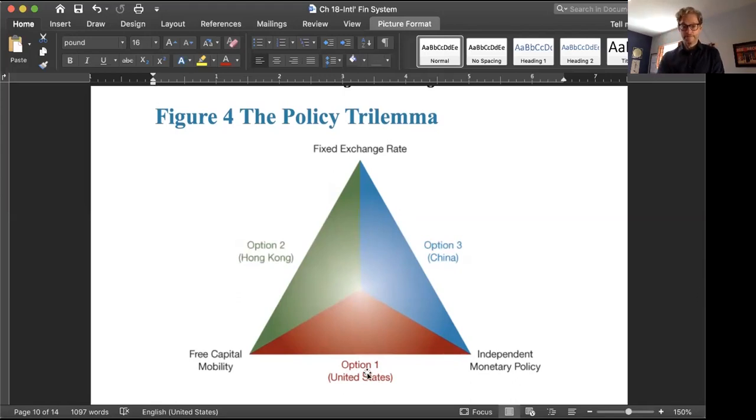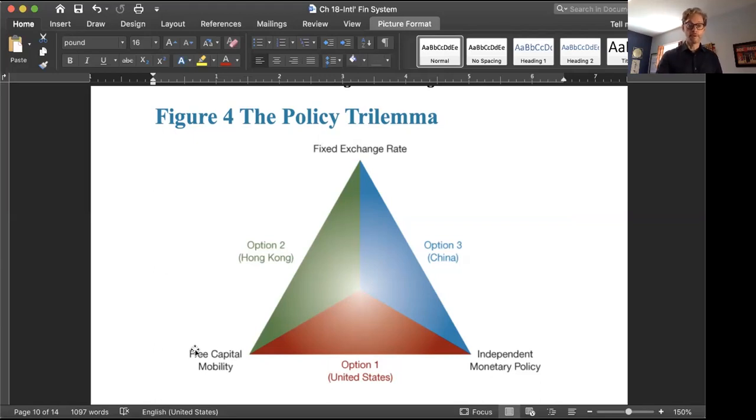What have they chosen? We have chosen to have independent monetary policy, right? We want the ability to control interest rates and increase the money supply up and down based on stabilization policy or financial stability or promoting employment or stimulating growth. Whatever our goal of monetary policy is, we want the flexibility to pursue that.